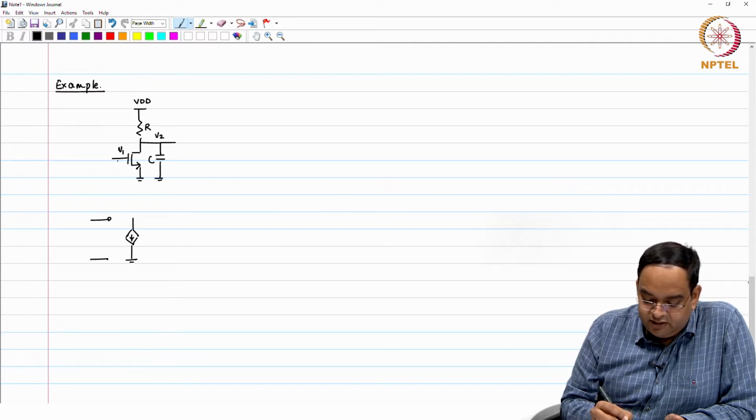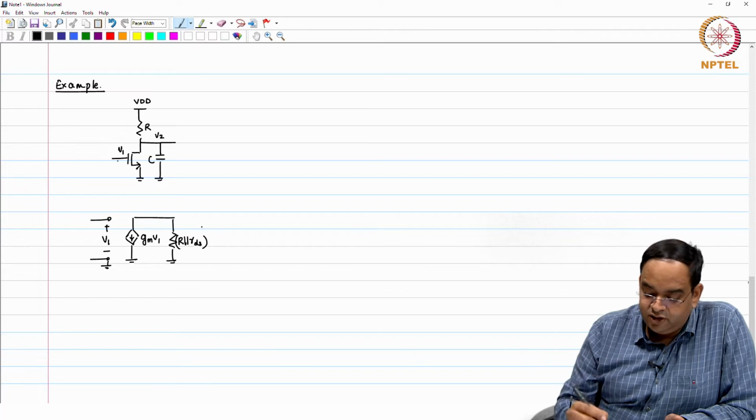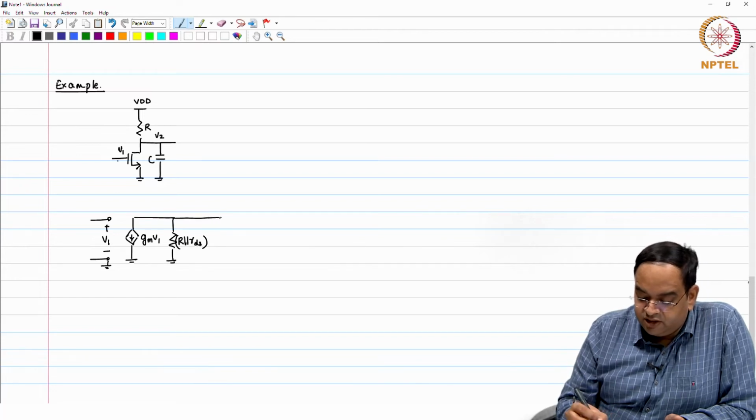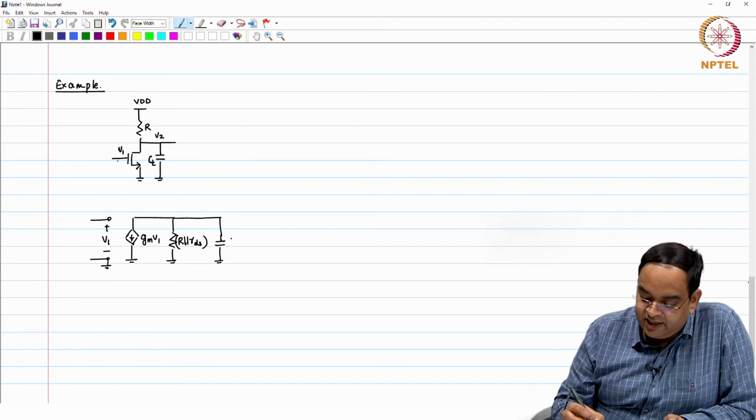I can very well say this is V1, this is gm times V1, and you have resistor R in parallel with the rds of the transistor. And whatever capacitor we have, I am going to have at the output. Assume that capacitor is effectively CL.